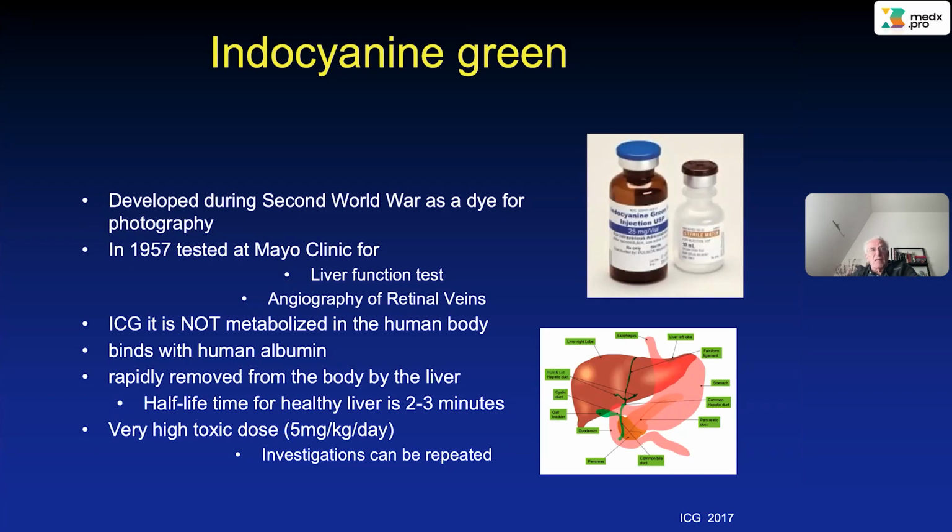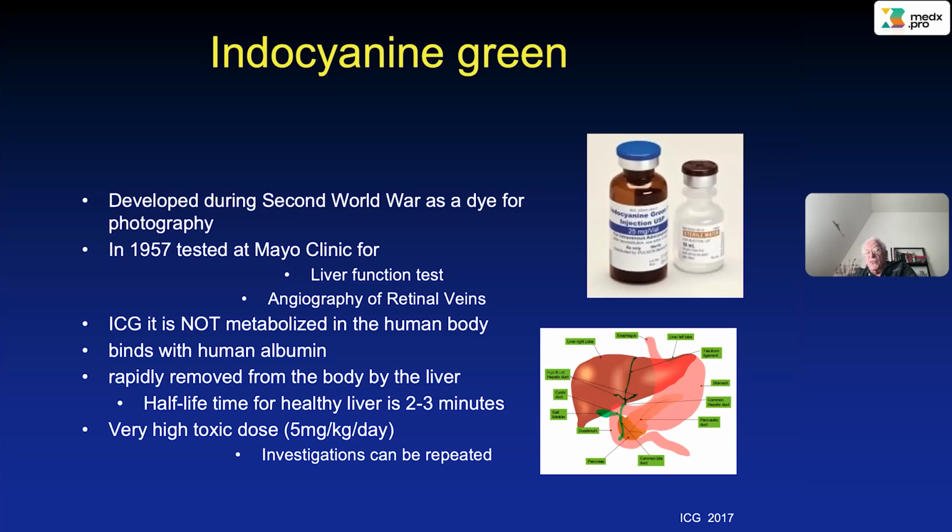The basic quality of indocyanine green is that it is not metabolized by the human body. It binds with albumin and is removed fairly quickly by the liver, and it goes into the bile.